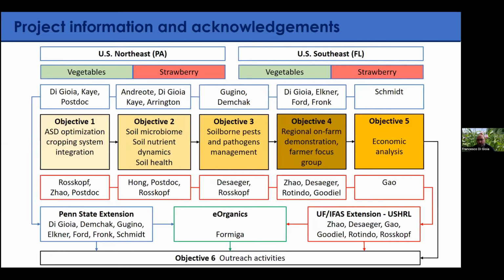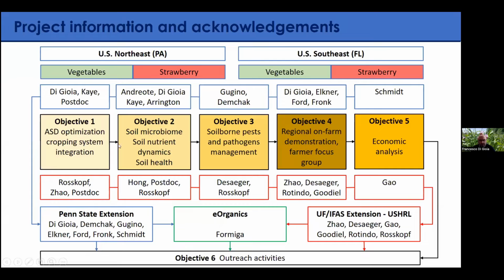The project per se is focused on optimizing ASD for application in organic vegetable production systems, but we are also including strawberries in our work. And we are conducting most of the work in two regions, the Northeast and Southeast. So we are working in Pennsylvania and Florida as representative states of these two regions.